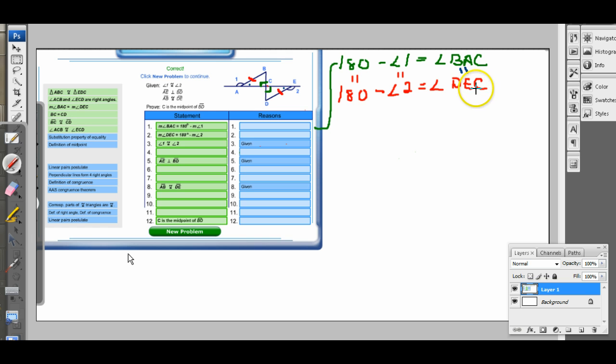And that's actually an axiom from Euclid. That's one of his 5 axioms, and let me find that here.